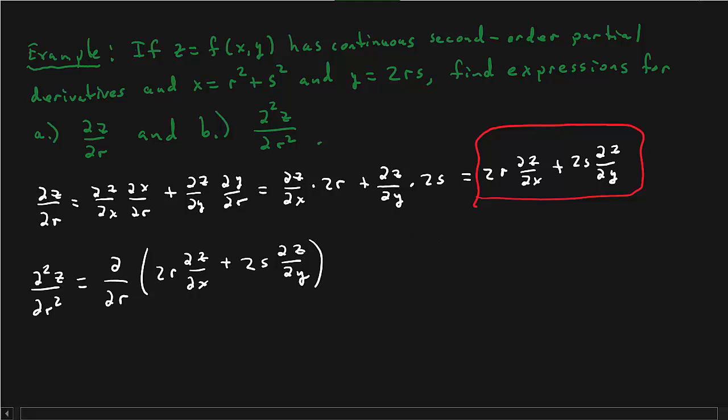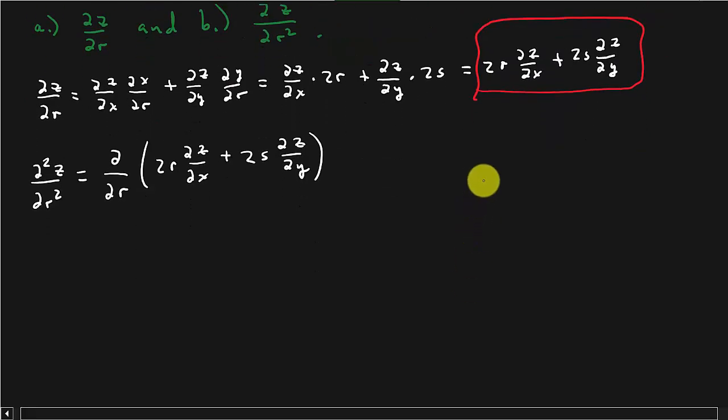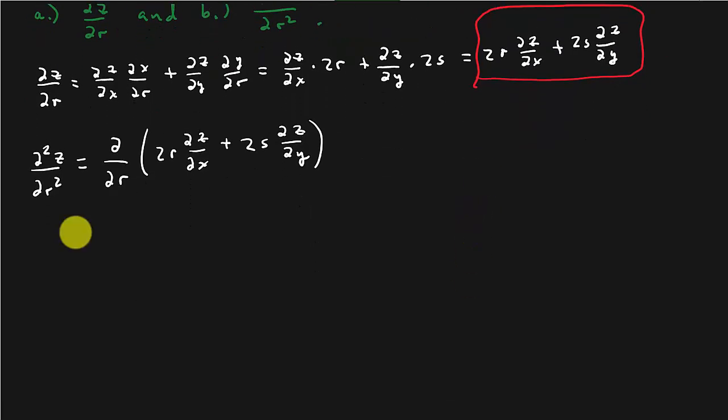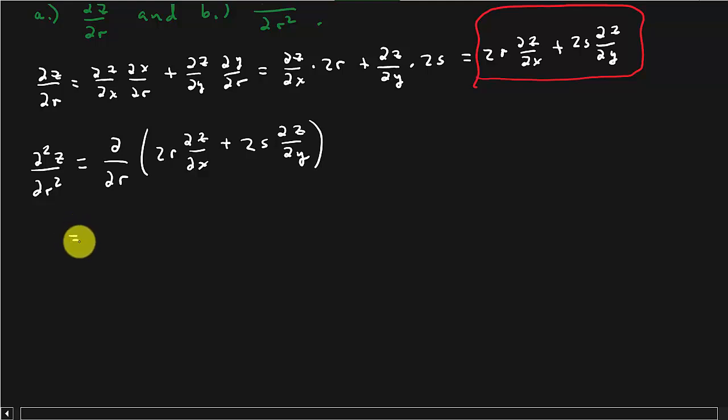So let's see what we need to do here. If we do that, we're just taking the partial of each term. This right here is going to be the product rule.